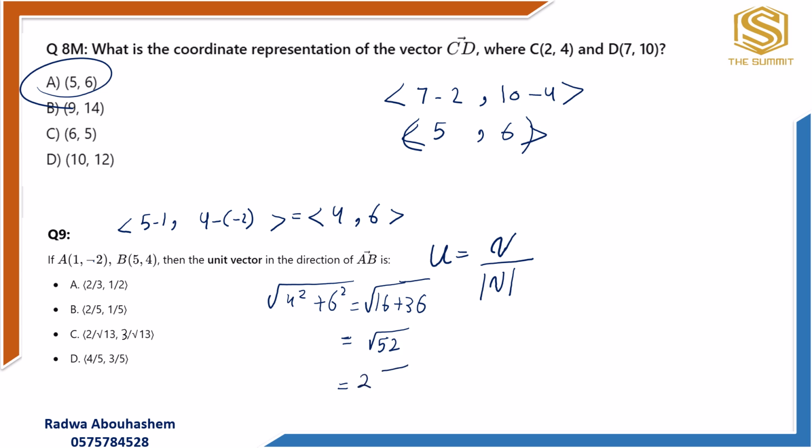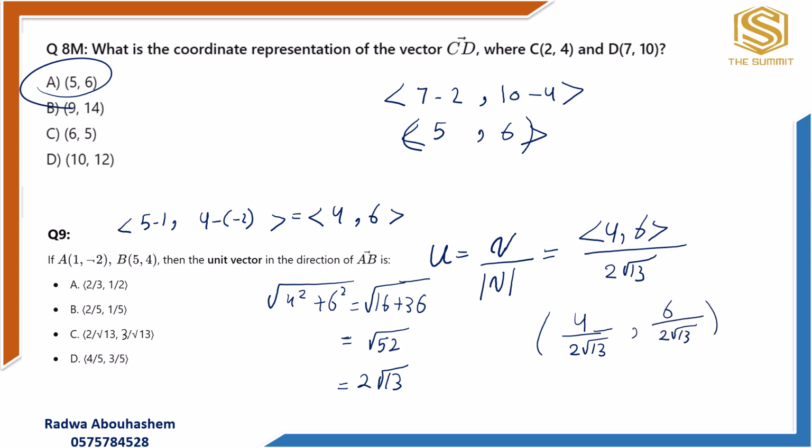It would be 2 root 13. So now let's apply the rule here. So it's (4, 6) over 2 root 13. So 4 over 2 root 13 and 6 over 2 root 13. This would be 2 over root 13 and 3 over root 13.